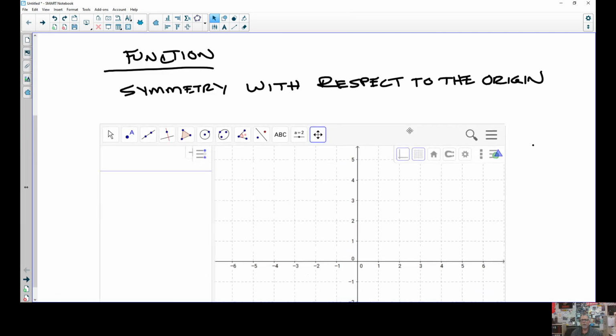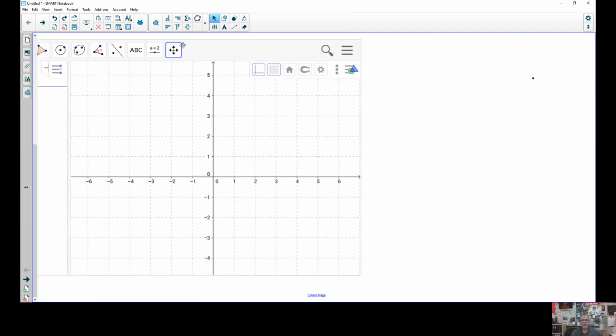So when we talk about symmetry with respect to the origin, what I'm talking about is, for example, y equals x cubed. Y equals x cubed, we know goes through the origin and through the point (1, 1), and then jumps up to (2, 8) and (3, 27) and so on. And does the same thing in this direction, goes out -1, down 1, and goes down to (-2, -8).